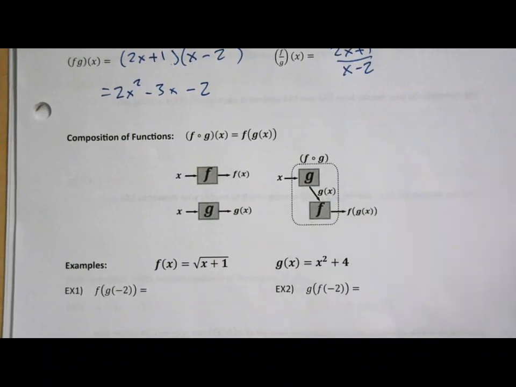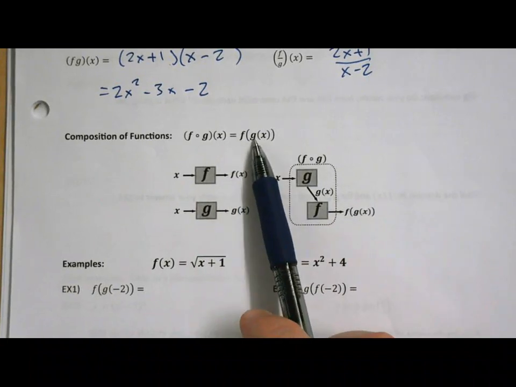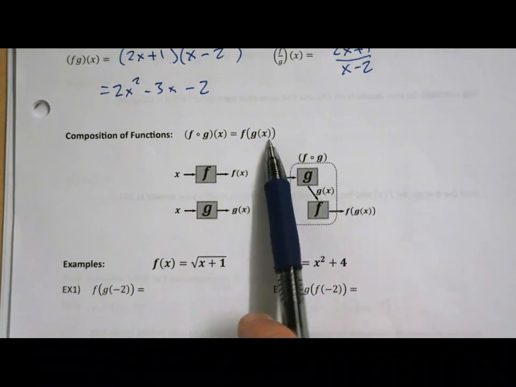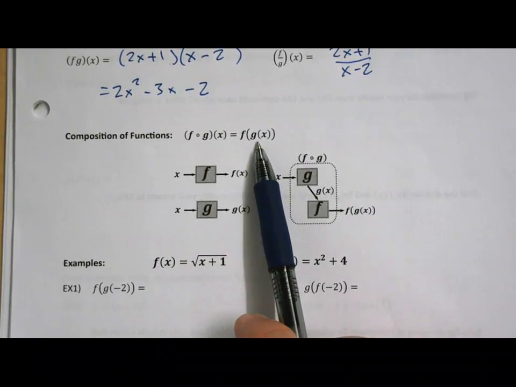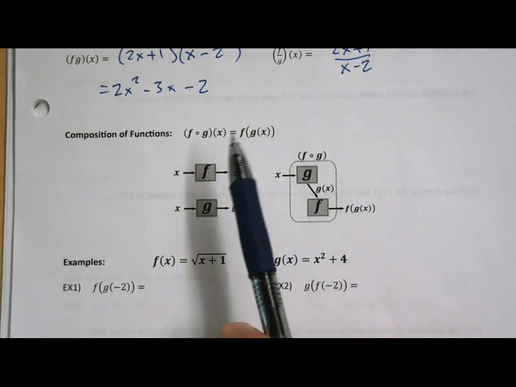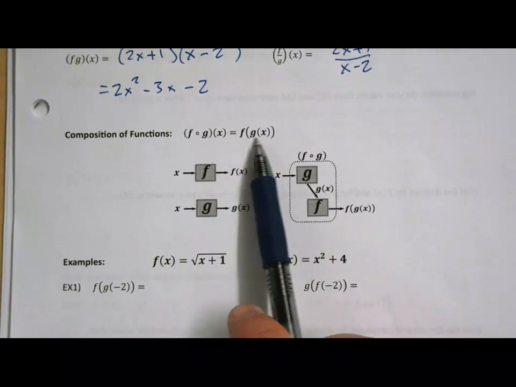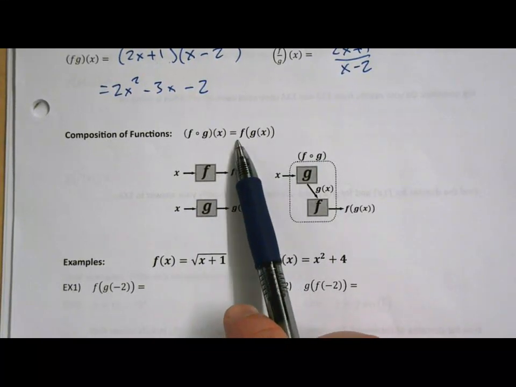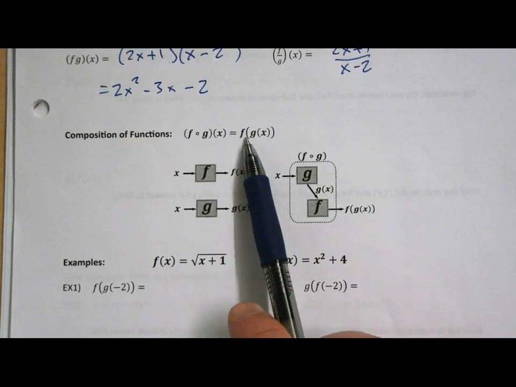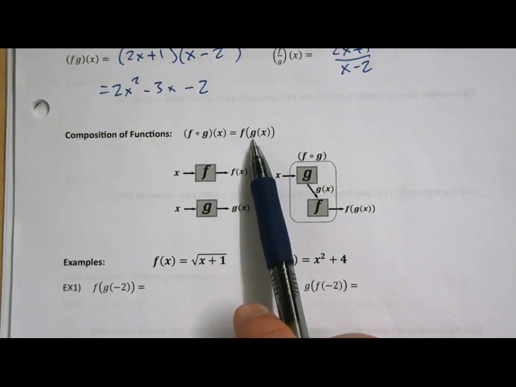Now, what's kind of counterintuitive to me about this notation is when I say f of g of x, x is actually going into the g function first, and then that's going into the f function, which is sort of backwards. When you read this, it feels like it should be going into f first and then into g, but it's not.